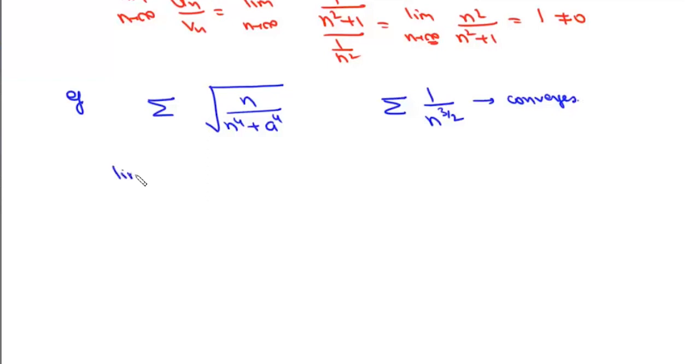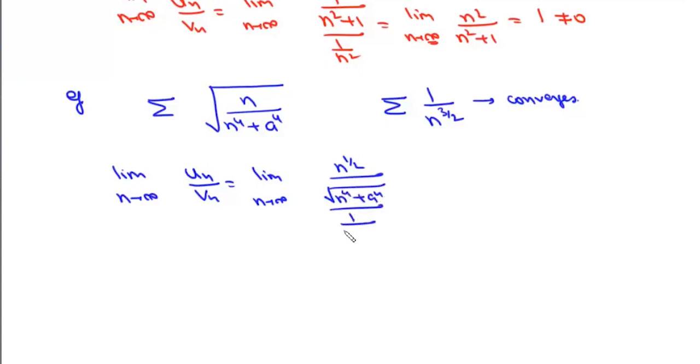Now again, we find this limit, n tends to infinity, un upon Vn. Now this is n to the power 1 by 2 under root of n to the power 4 plus a to the power 4 upon 1 upon n to the power 3 by 2.